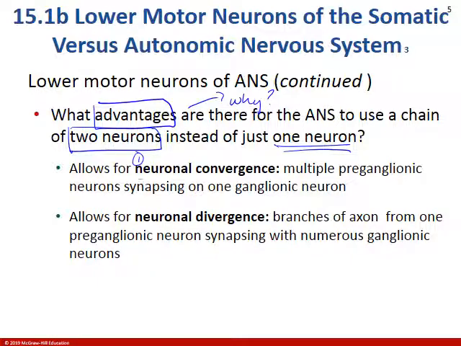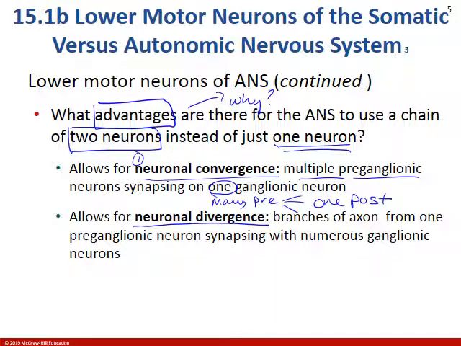Well, one, it allows for neuronal convergence. So this is multiple pre's, so many pre's talking to one post. You can also have neuronal divergence, where this is one pre reaching out and talking to many posts.